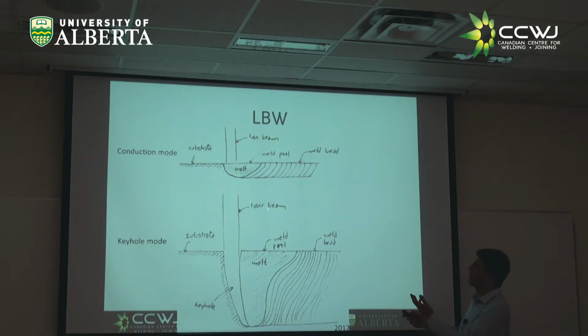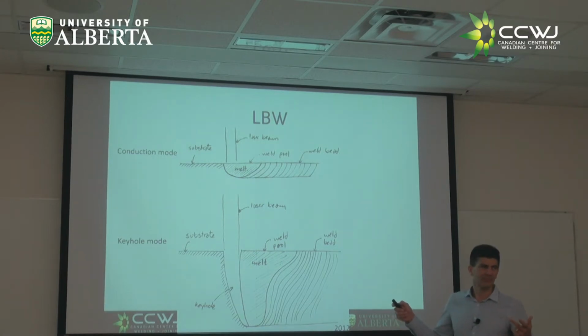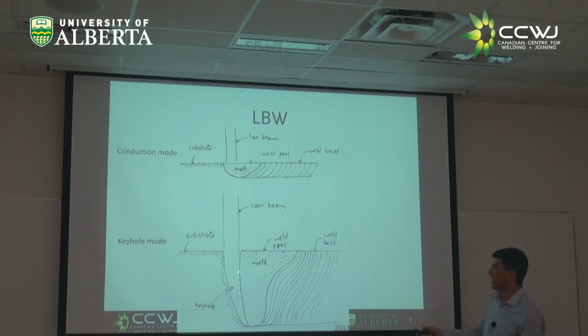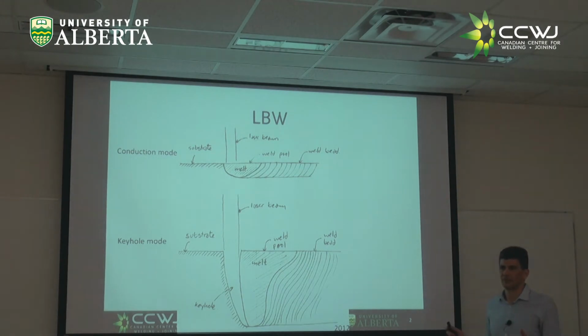In this case, what type of welding am I representing? It's autogenous, heterogeneous, or homogeneous? This is autogenous, right? Because there is no filler metal in this case. Same as in this other case. Which one do you think is going to have a deeper penetration? The keyhole one.